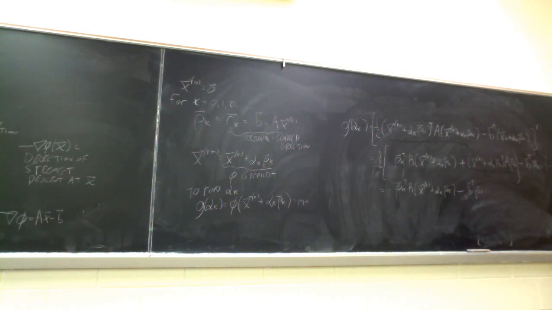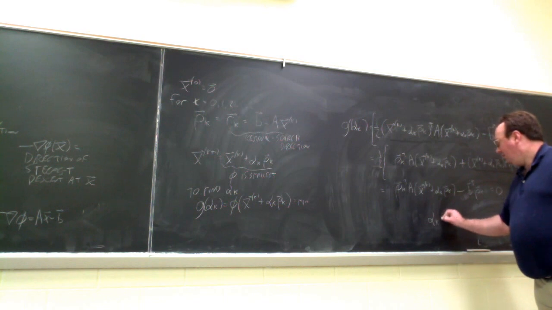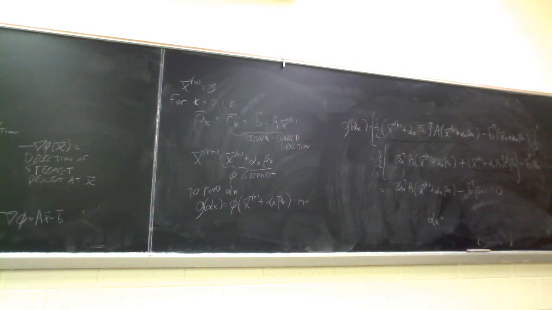Okay, and we want the derivative equals 0. So what should alpha k be equal to?